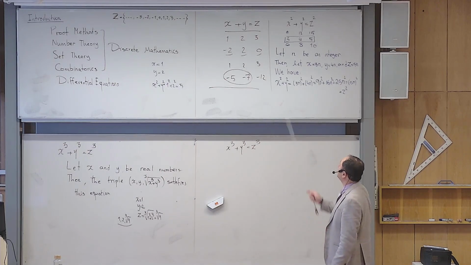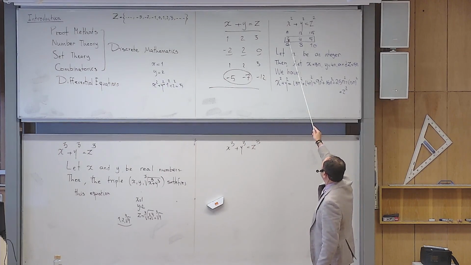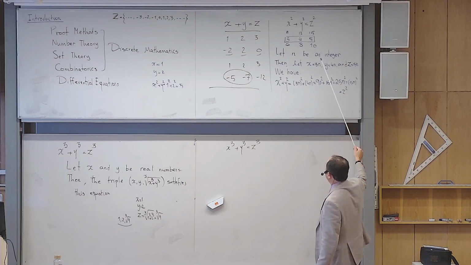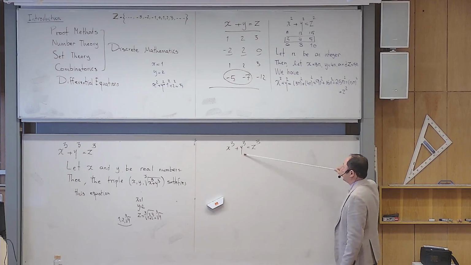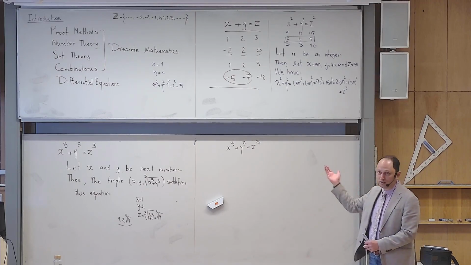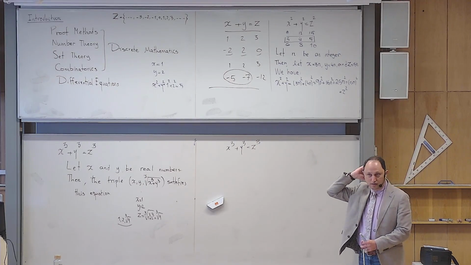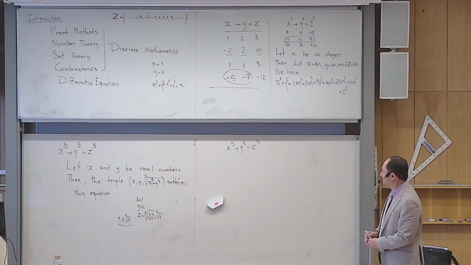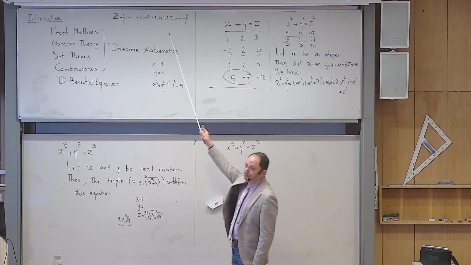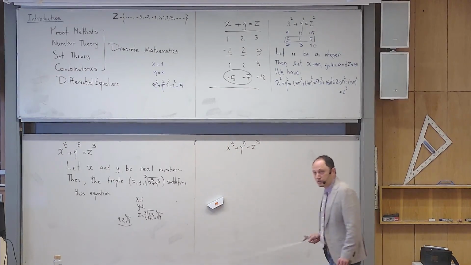So for this one, it was easy to immediately find, and using that we constructed infinitely many more. But for this one, of course, the calculation might be harder because the power is 3, but I don't know if you have a calculator, probably you can use it. But can you give me a triple coming from this list now that satisfies this equation?